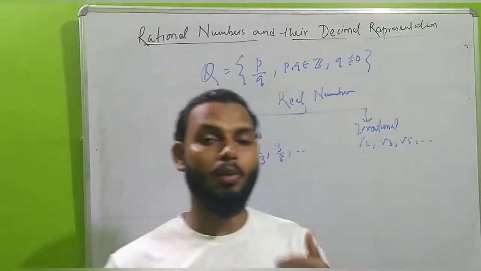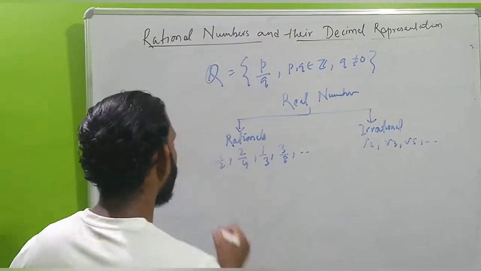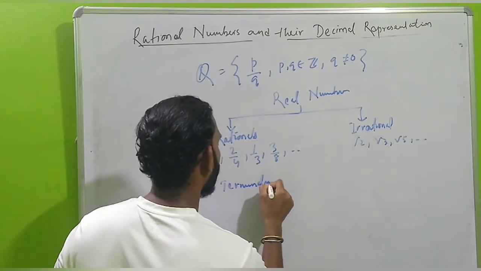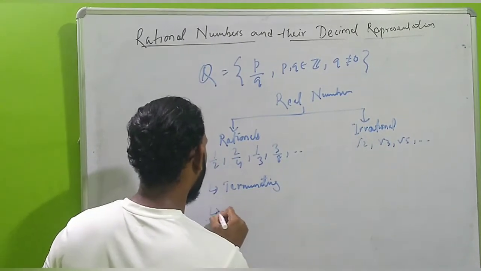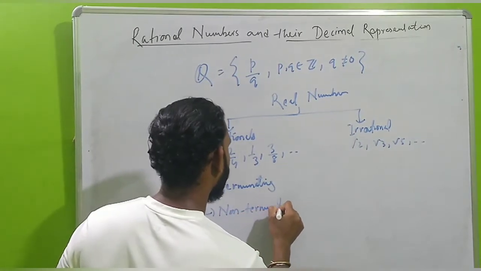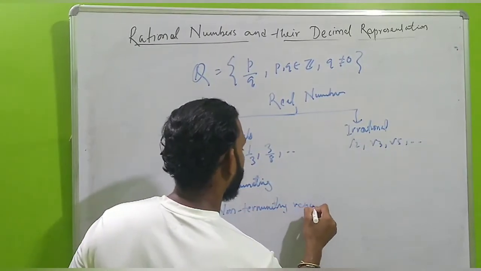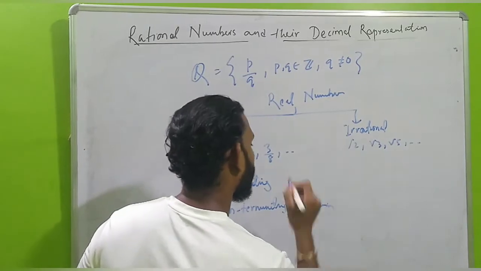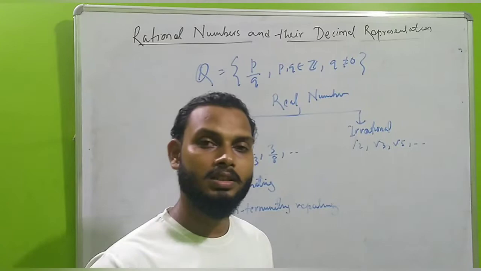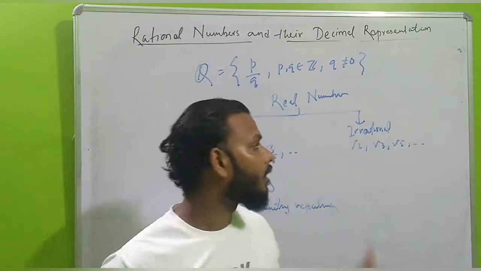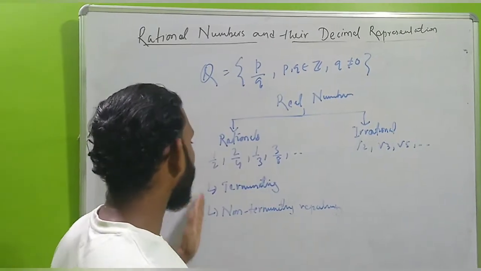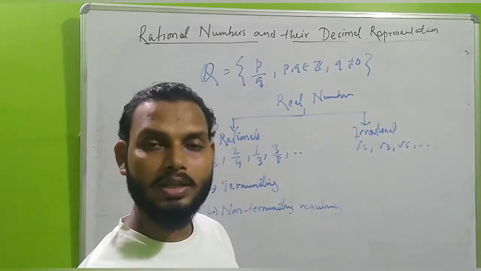One property is if the decimal expansion is terminating, or non-terminating repeating, then I can represent that type of decimal in the form of fractions, that is, in terms of P by Q. So these two types of decimal representation are examples of rational numbers.